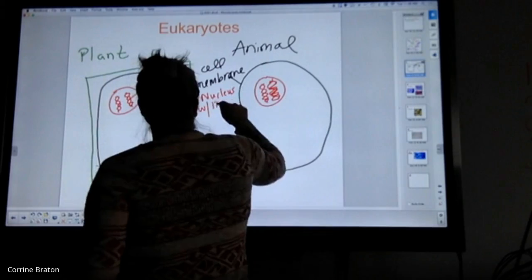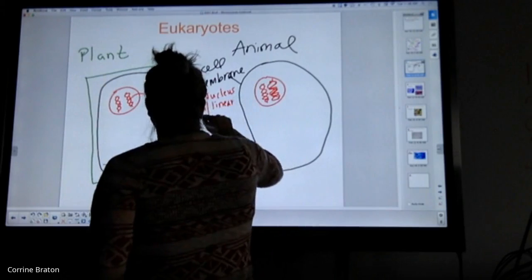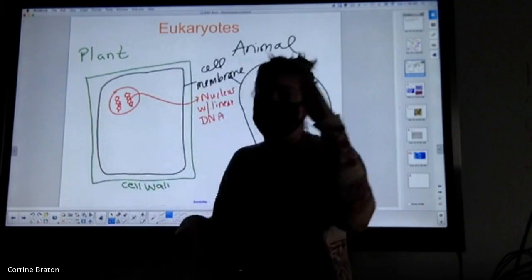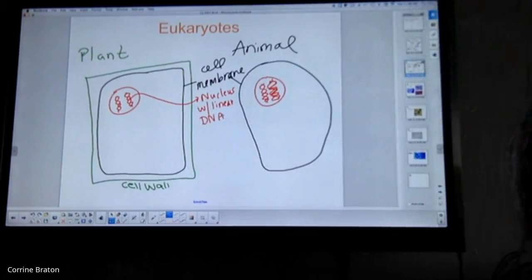Nucleus with linear DNA. So linear means in a straight line. So nucleus with linear DNA.